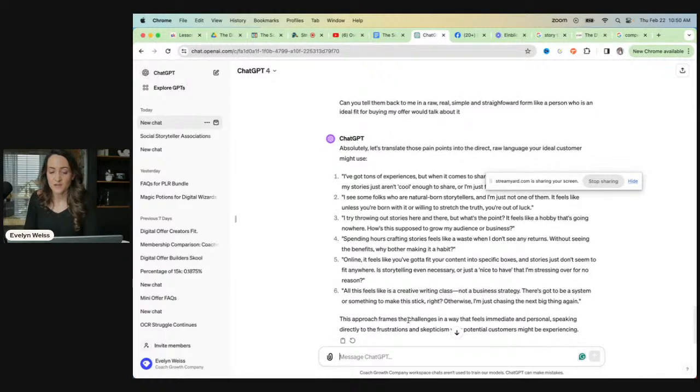Spending hours crafting stories feels like a waste when I don't see any returns. Without seeing the benefits, why bother making it a habit? Online, it feels like you've got to fit your content into specific boxes and stories just don't seem to fit anywhere. Is storytelling even necessary or just a nice to have that I'm stressing over for no reason? All this feels like a creative writing class, not a business strategy. There's got to be a system or something to make this stick, right? Otherwise, I'm just chasing the next big thing again.